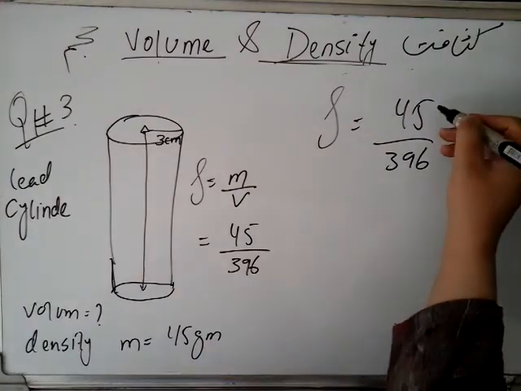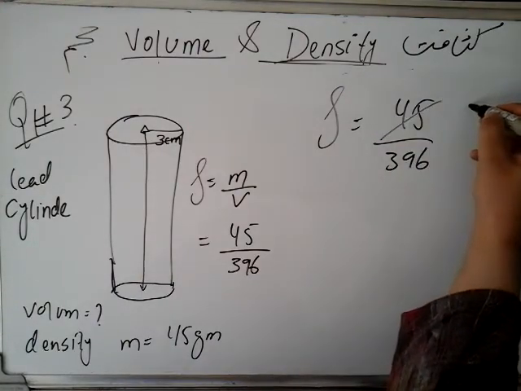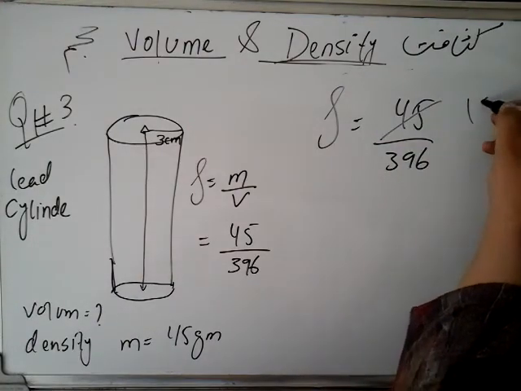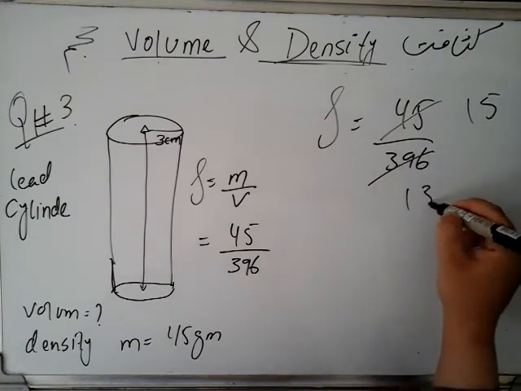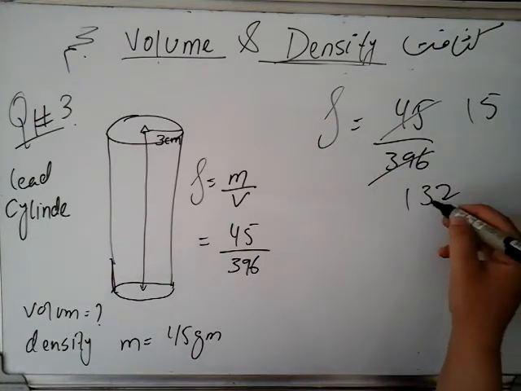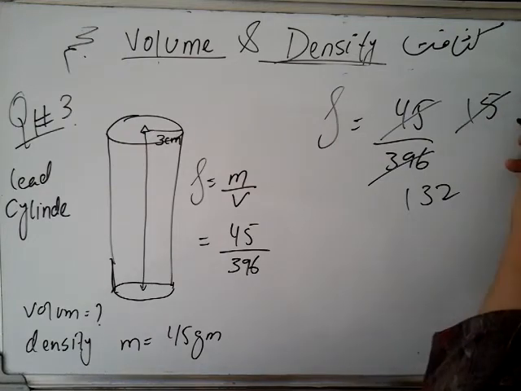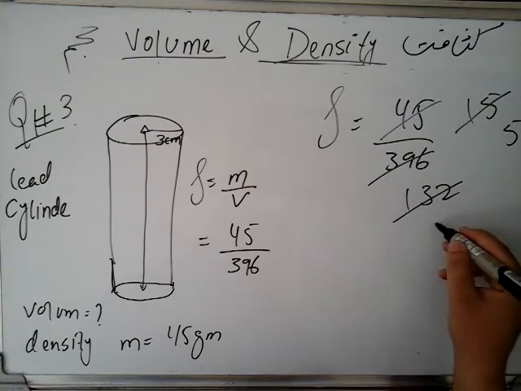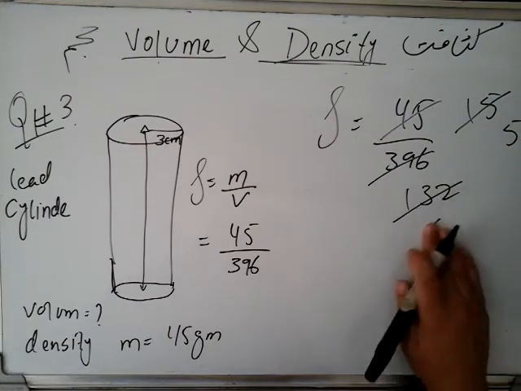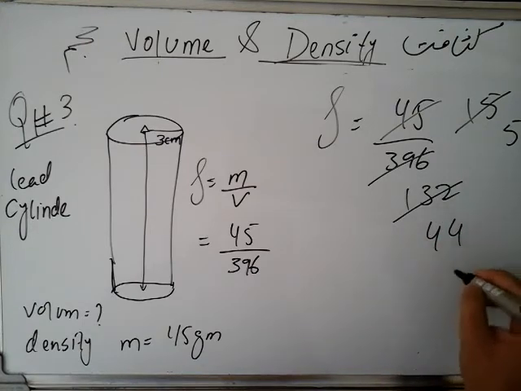So let's do cross multiplication first of all. 3 5 15, 9, 132. 3 5 44.